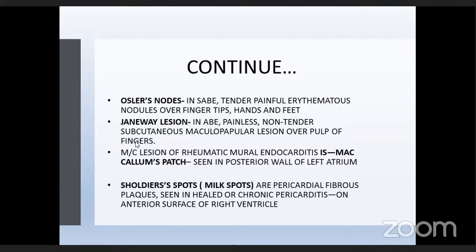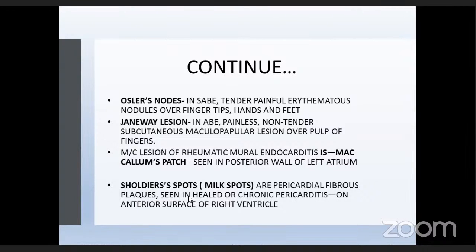Okay. A few things which I mentioned earlier, that is MacCallum's patch. It is seen in rheumatic mural endocarditis, especially on the posterior wall of the left atrium. There is this new one, that is soldier spots, or you also call them milk spots. These are pericardial fibrous plaques seen in healed or chronic pericarditis. So in case of chronic or healed pericarditis, there are fibrous plaques which you can note.